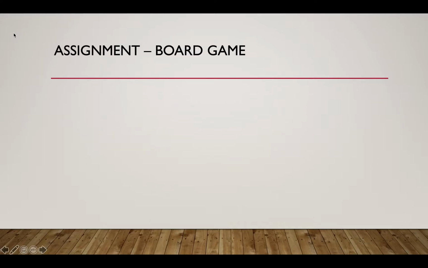So our first assignment has been the board game, and really all the board games have been around for thousands of years, and it's really the fundamental aspect of learning game design.